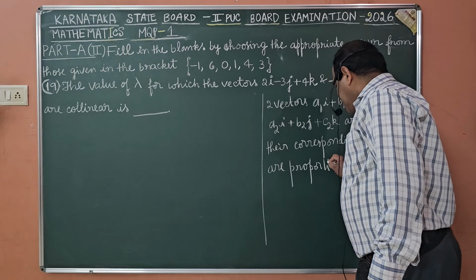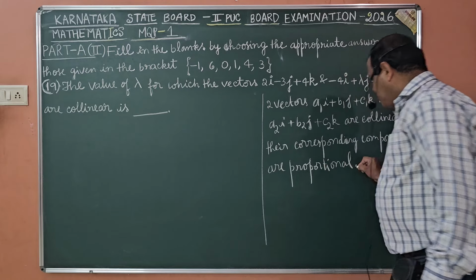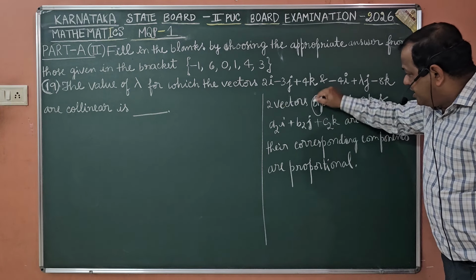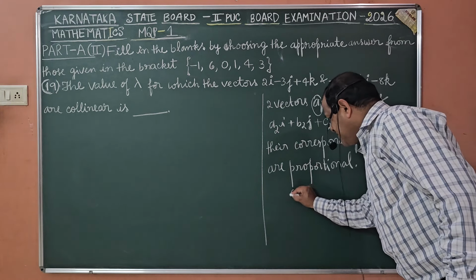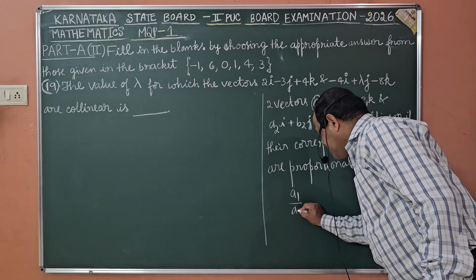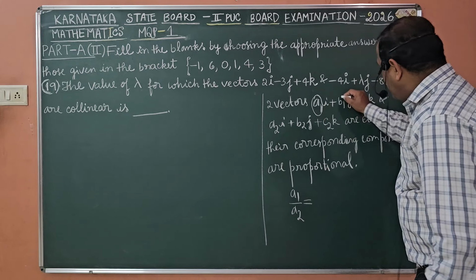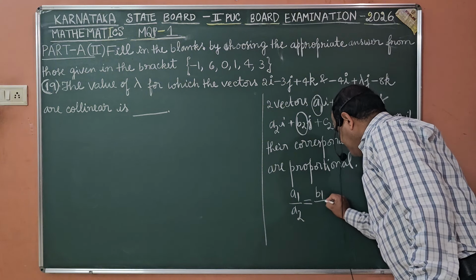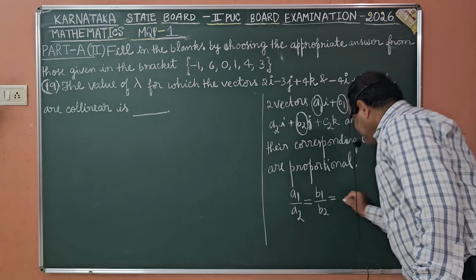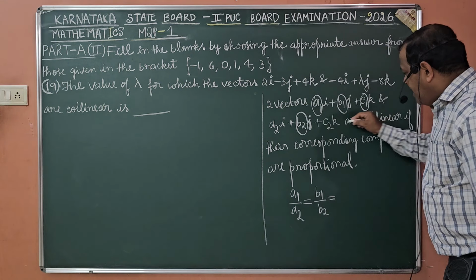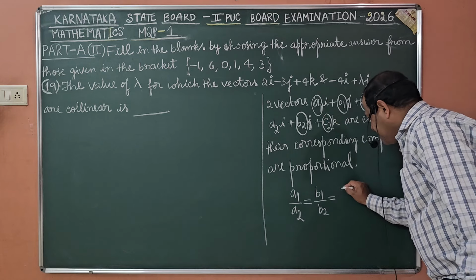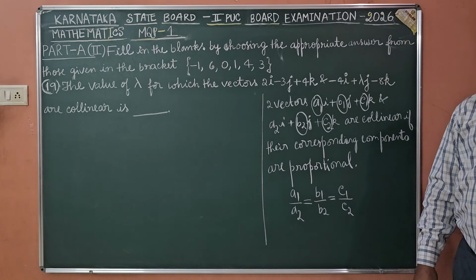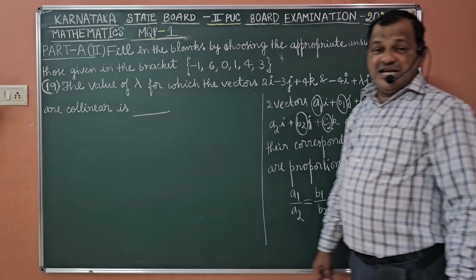That is, which are the corresponding components? Say here, this a1 divided by this a2. This ratio should be equal to b1 by b2. This ratio b1 by b2 is equal to c1 by c2. This is one of the results if two vectors are collinear.